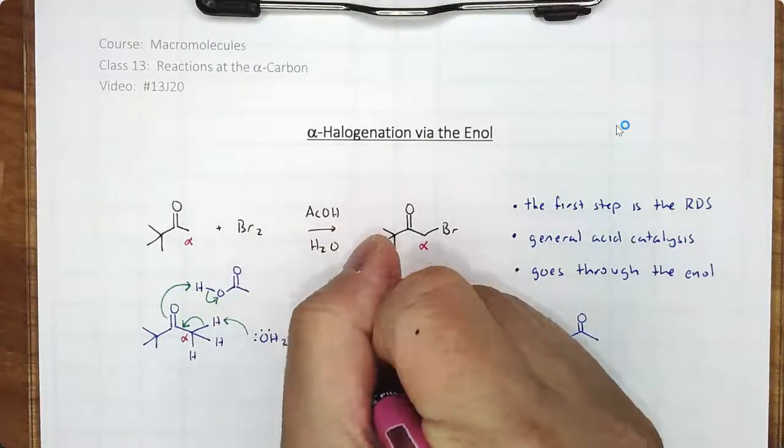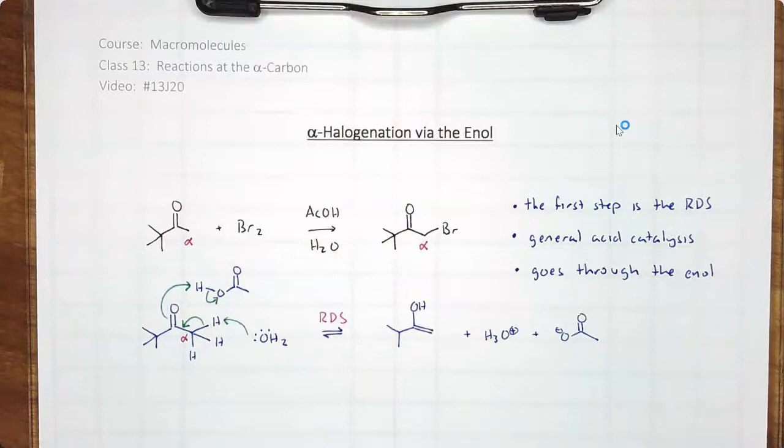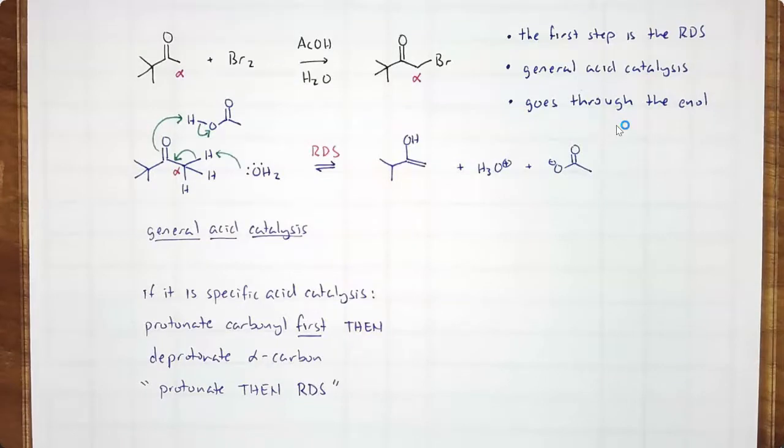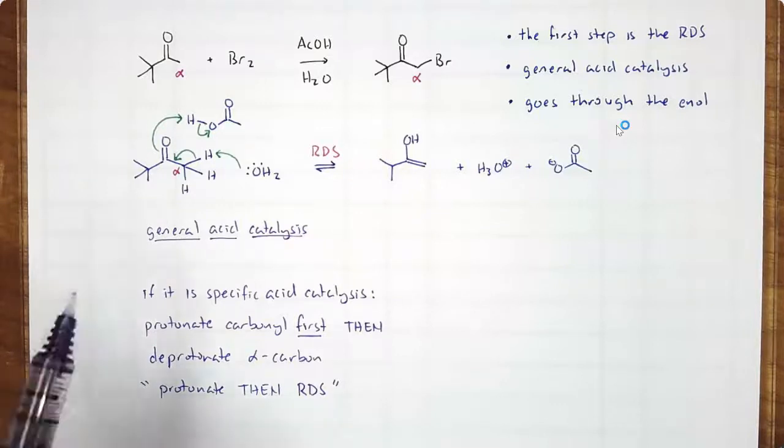The slow step. And let me remind you how I remember the difference between general acid and specific acid catalysis. The hallmark of specific acid catalysis is what we all learned at the very start of Organic Chemistry 1, that you protonate the carbonyl first in one step, and then you do the rate determining step, whether that is attacking the carbonyl carbon or deprotonating, in this case, the alpha carbon.